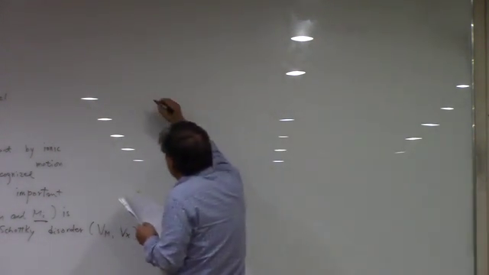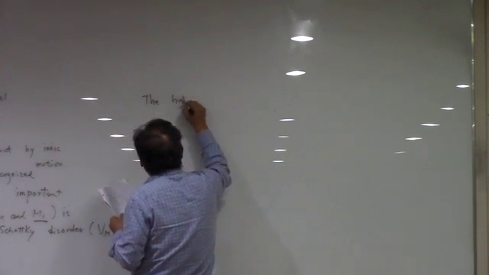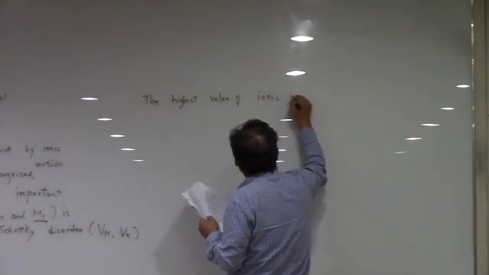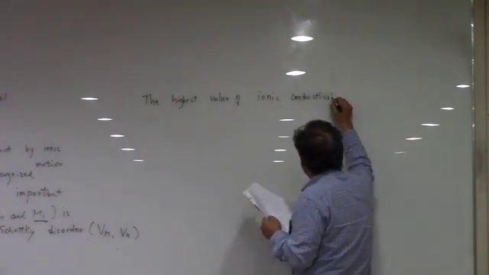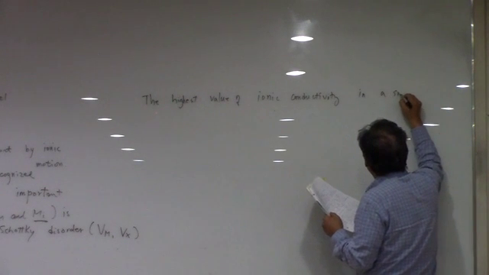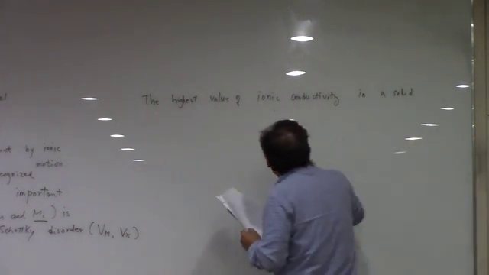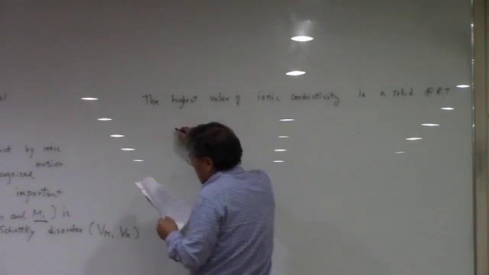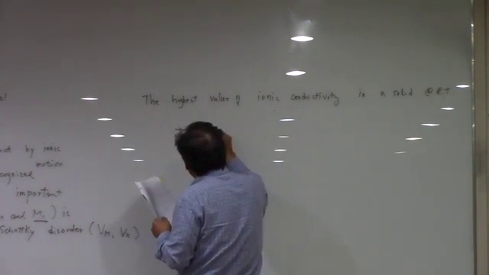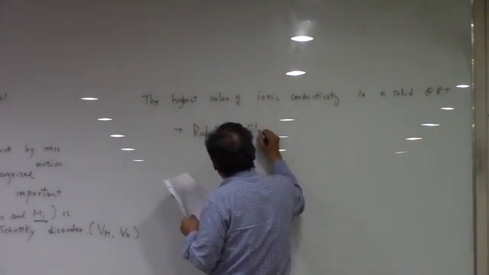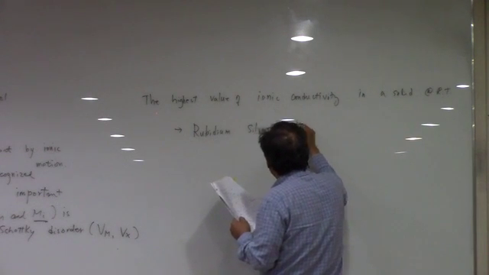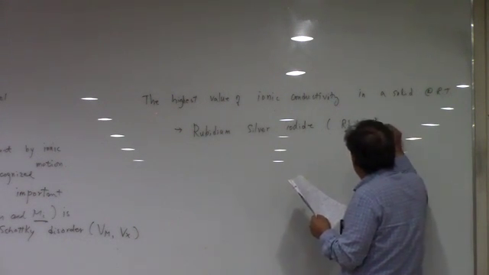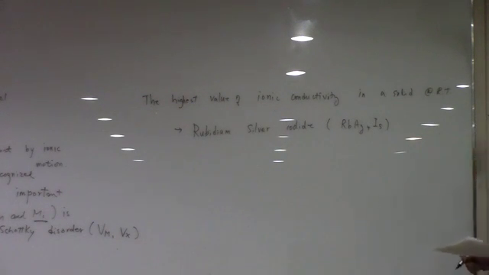The highest value of ionic conductivity in a solid at room temperature is rubidium silver iodide.